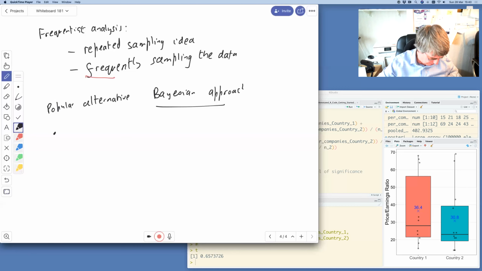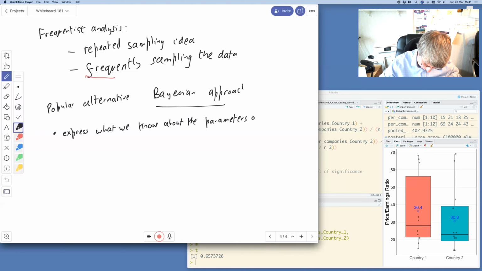So the basic idea of the Bayesian approach is that we can express what we know about the parameters of the model after seeing the data as a probability distribution.